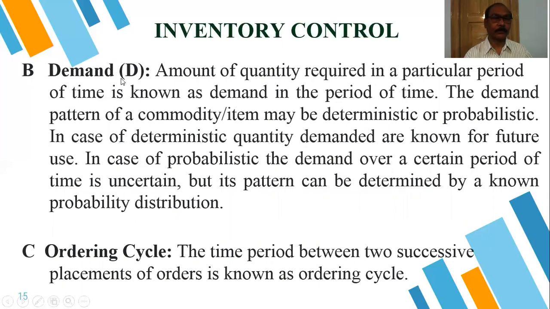Demand. Demand is denoted by D. Demand means the amount of quantity we require, basically annually. The amount of quantity required in a particular period of time is known as the demand in that period. In this model, in most cases we consider 1 year, but sometimes we can also consider 6 months or 3 months.